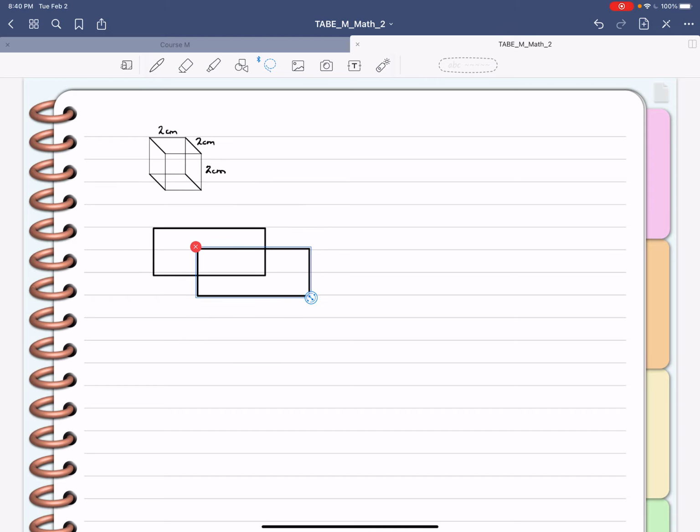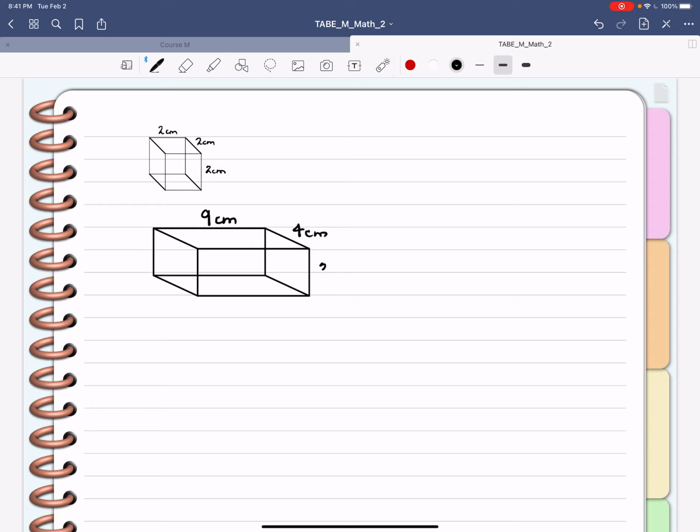Okay, so here is the rectangular prism that is 9 centimeters long, 4 centimeters wide, and 3 centimeters tall. So for some reason, they have attached these two shapes. They have put the two shapes together. That's addition.